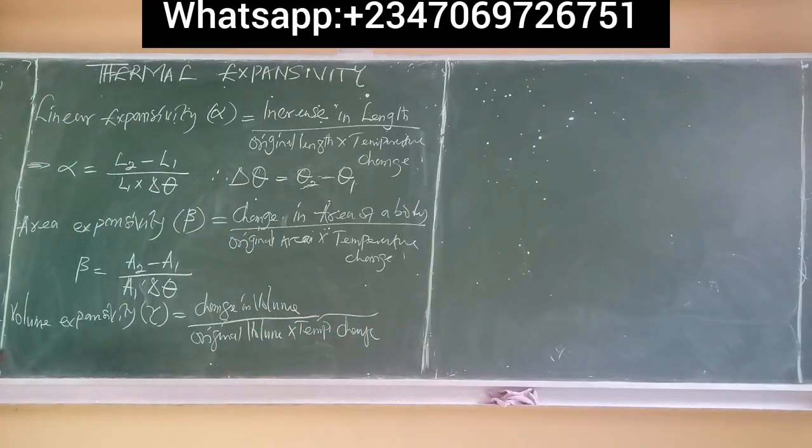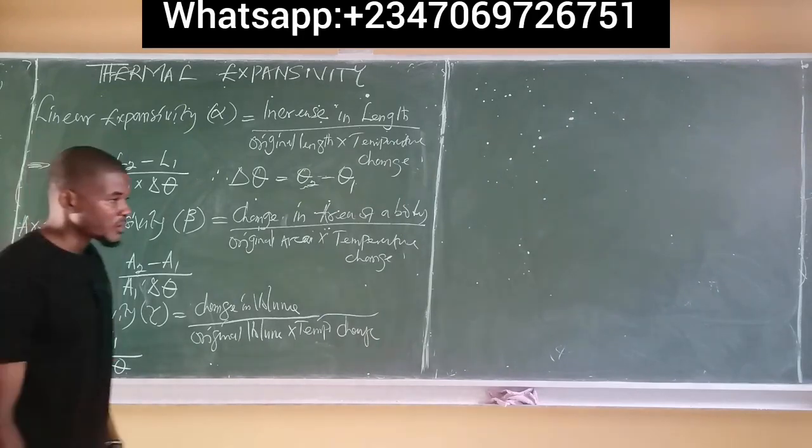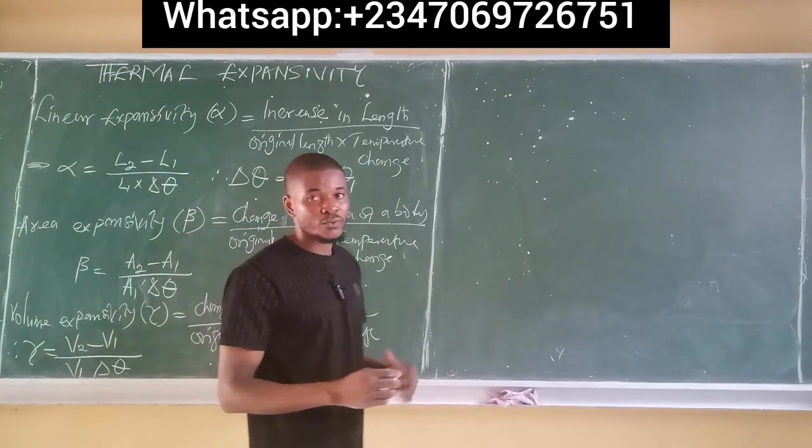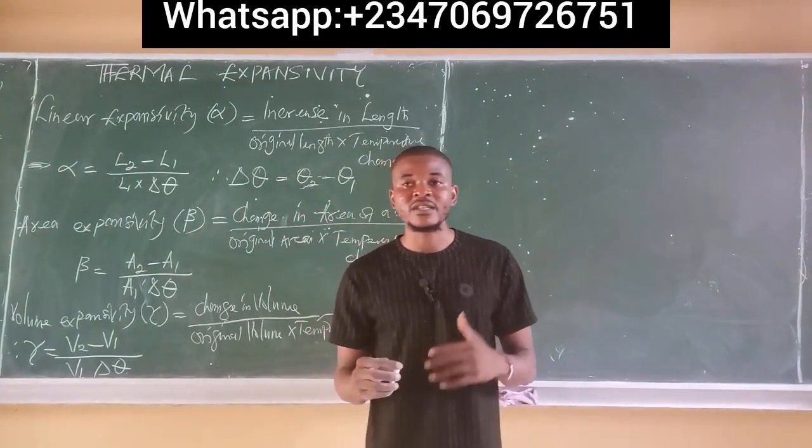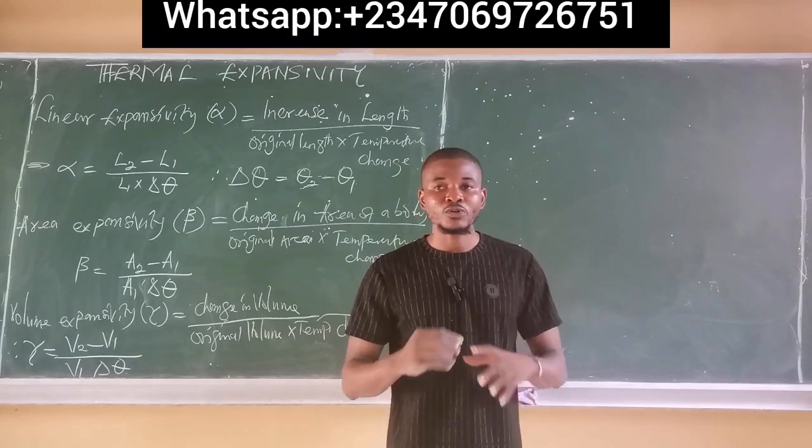So you're simply saying that gamma, the volume expansivity, is equal to V2 minus V1 all over V1 times change in theta. V2 stands for the final volume, V1 stands for the initial volume, and change in theta means change in temperature. So these are all as a result of what? Thermal expansivity. I said earlier, thermal expansivity is simply the expansion which takes place due to what?